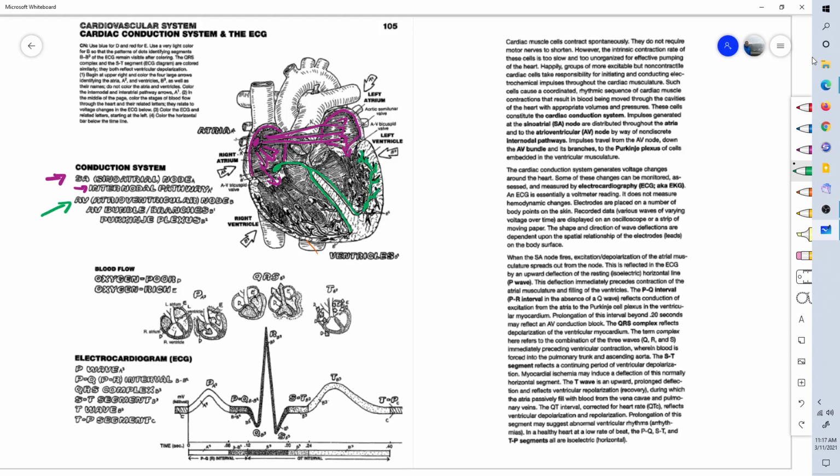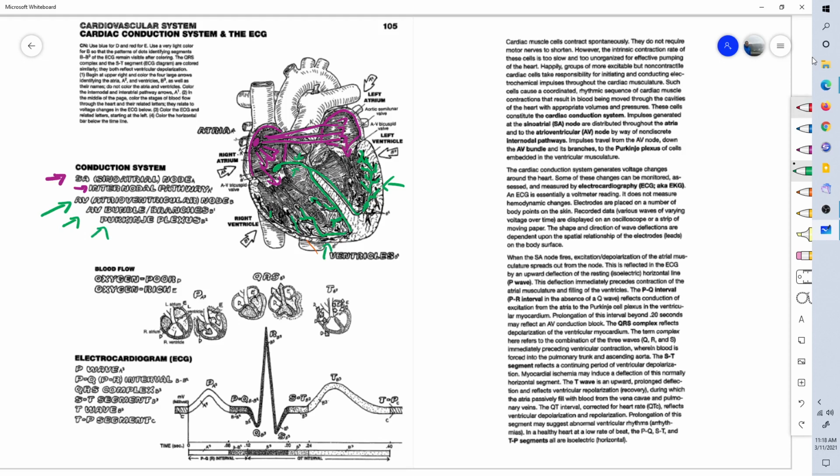They're not contractile fibers, but they're special fibers within the ventricle walls, within the muscles, that respond to these signals. This part here is called the AV bundle, and these are your Purkinje fibers, or the Purkinje plexus.